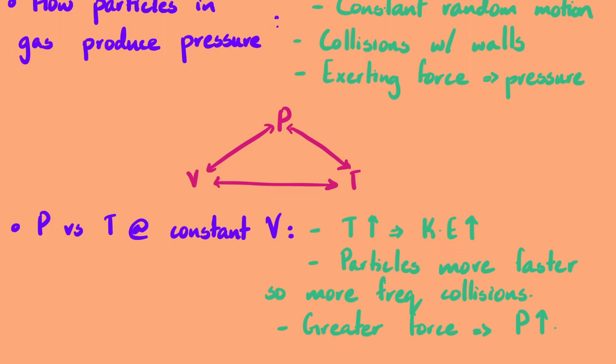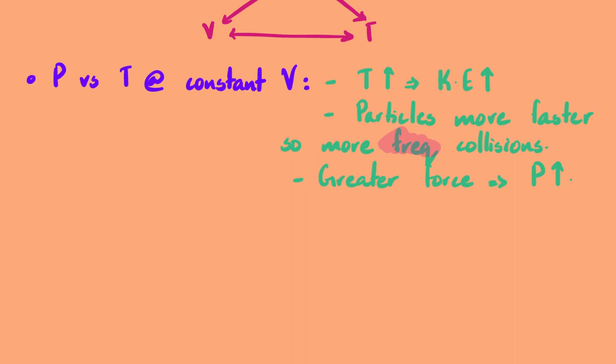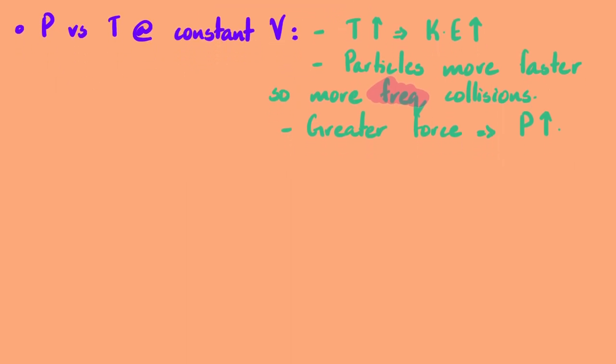So kinetic energy should increase. As a result, the particles are now moving faster, which leads to more frequent collisions. More collisions is strictly speaking not correct, so you should say more frequent collisions, which cause a greater force, and hence that causes the pressure to go up. If they talk about a decrease in temperature, you just have to flip this entire reasoning.